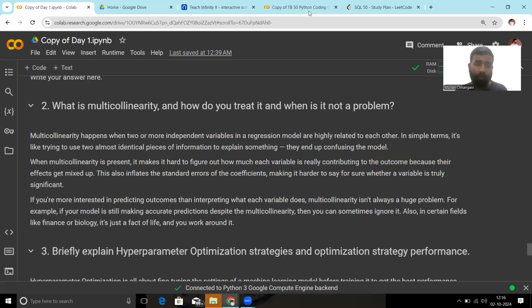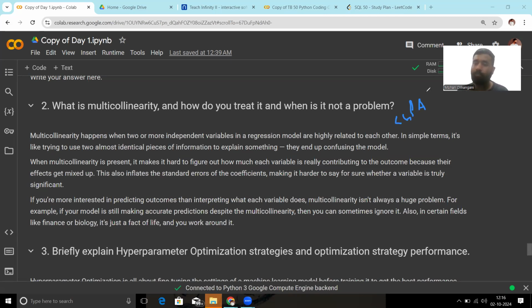Basically, suppose we take an example: there is CGPA, and in linear regression we have two kinds of things, independent variables and a dependent variable.